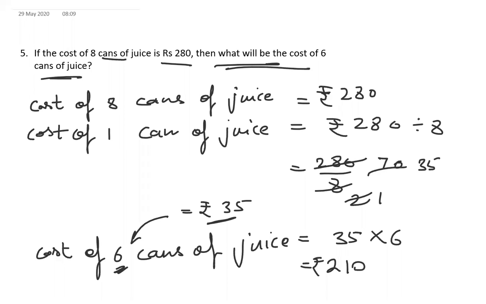Clear? Any doubt? Is it clear to everyone? This is very simple. First find the price of 1 can of juice, then multiply the price of 1 can of juice by 6, and you are going to get the answer.